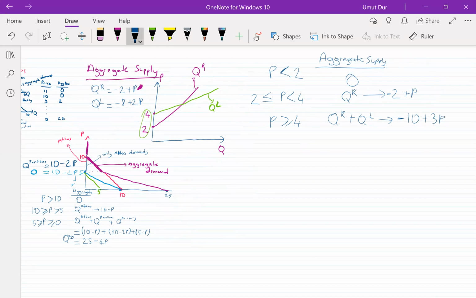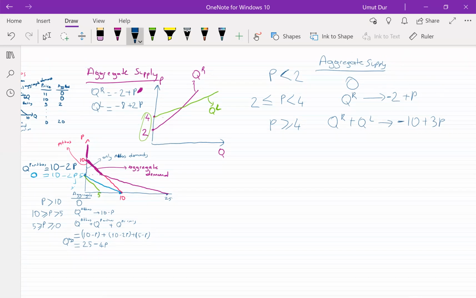Okay, and if I would like to draw the graph, so here, for the price less than 2, there will be no supply. For the price level between 2 and 4, only the right firm will supply.